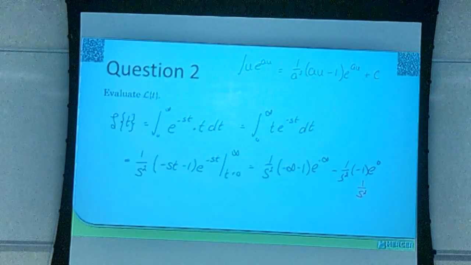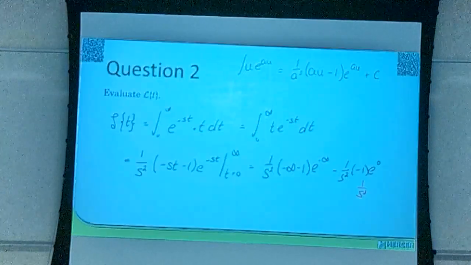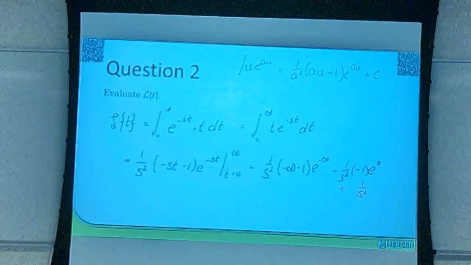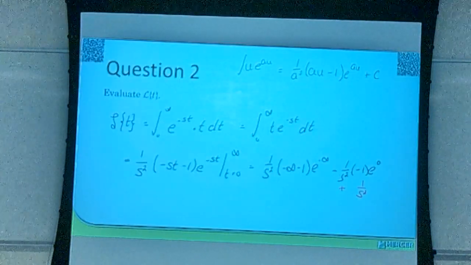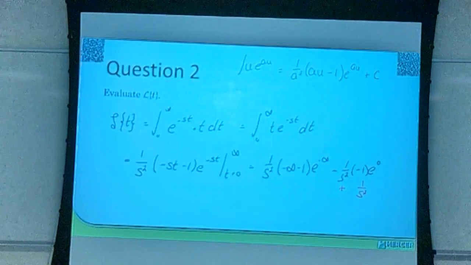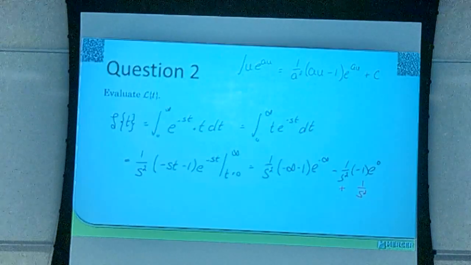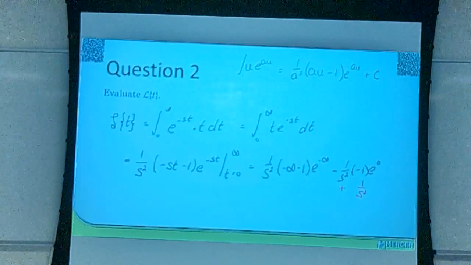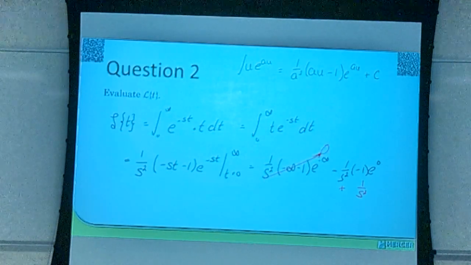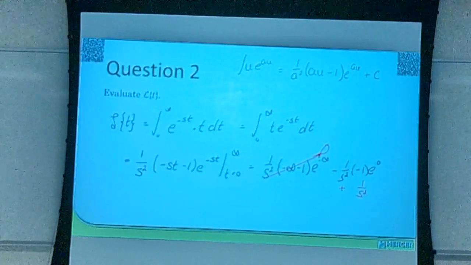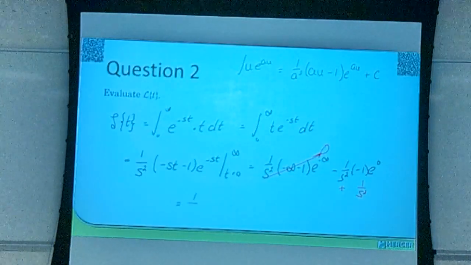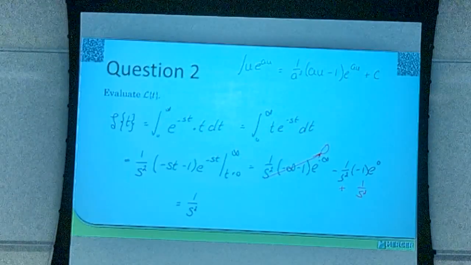Right? It's technically minus negative. What about that first term? It's 0. The Laplace transform of t is 1 over s squared.